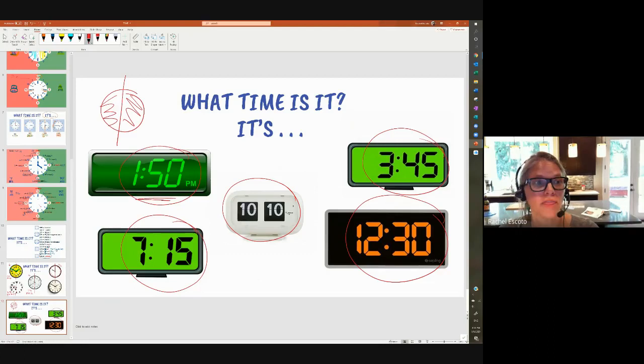Well, this one is on the to side. So it's 1:50 or it's 10 to 2. How about this one? I think this one is on the past side. So this is 7:15 or 15 past 7, right?